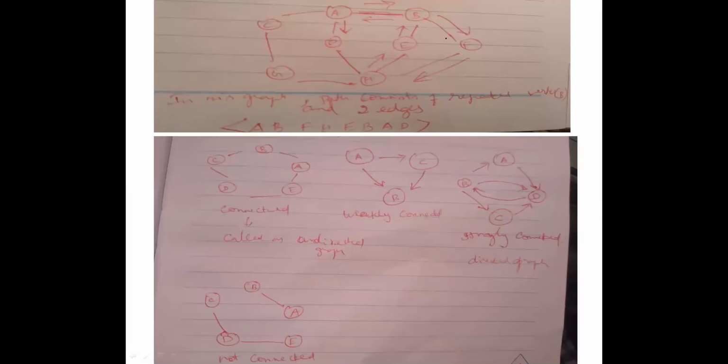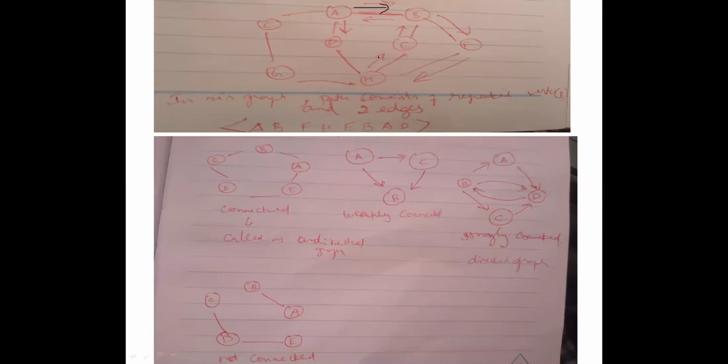Then what is this? The path consists of a repeated vertex and edges. When you take this graph, A is connected to B. This is an example of not a simple path.